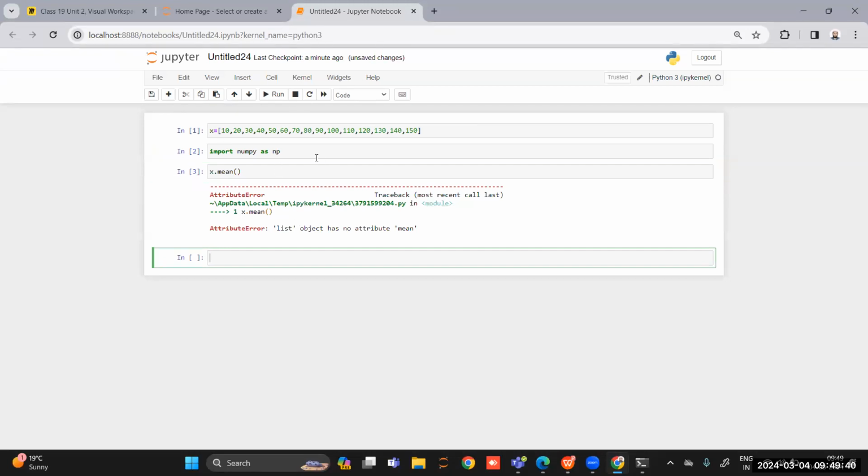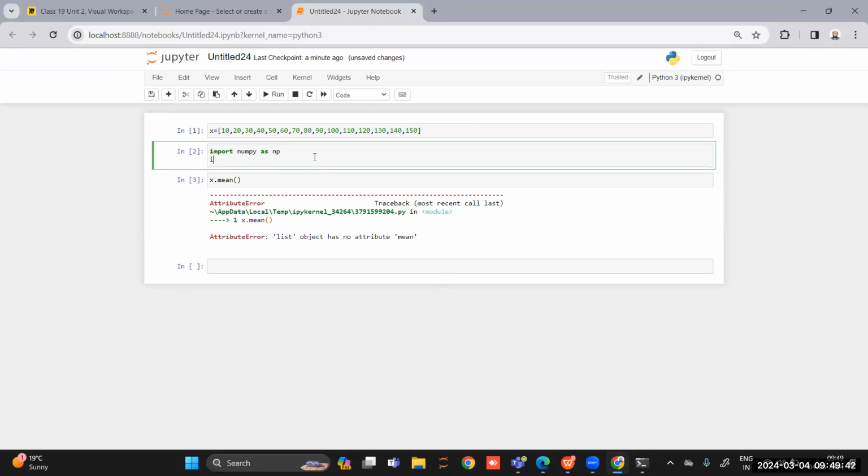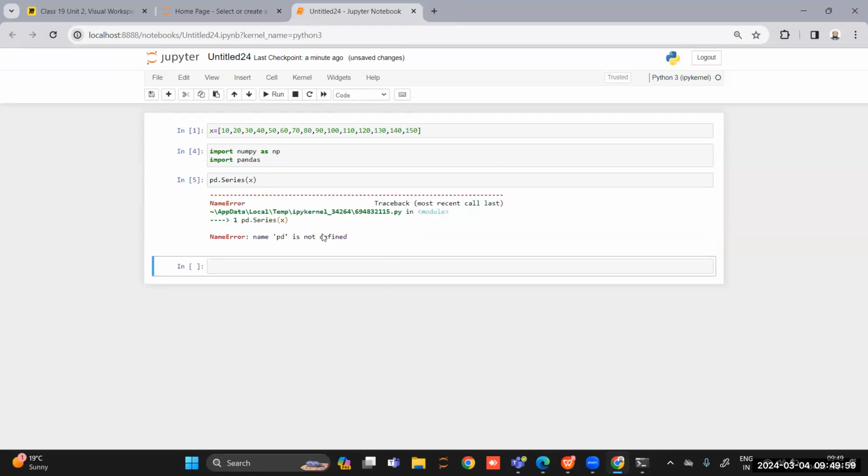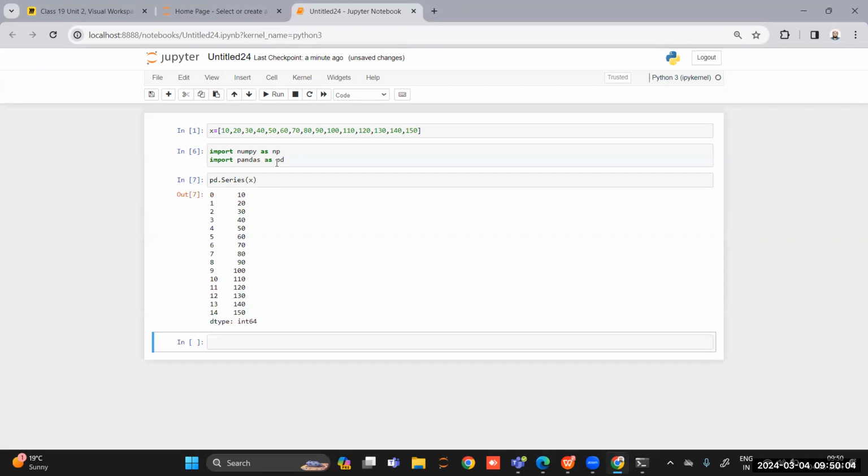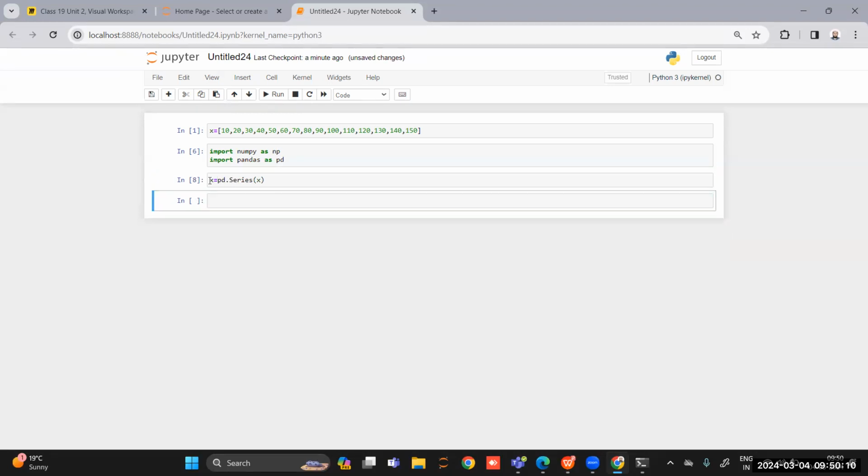Then I'll import pandas as pd and use pd.Series. So I'll select x equals this, our x variable.